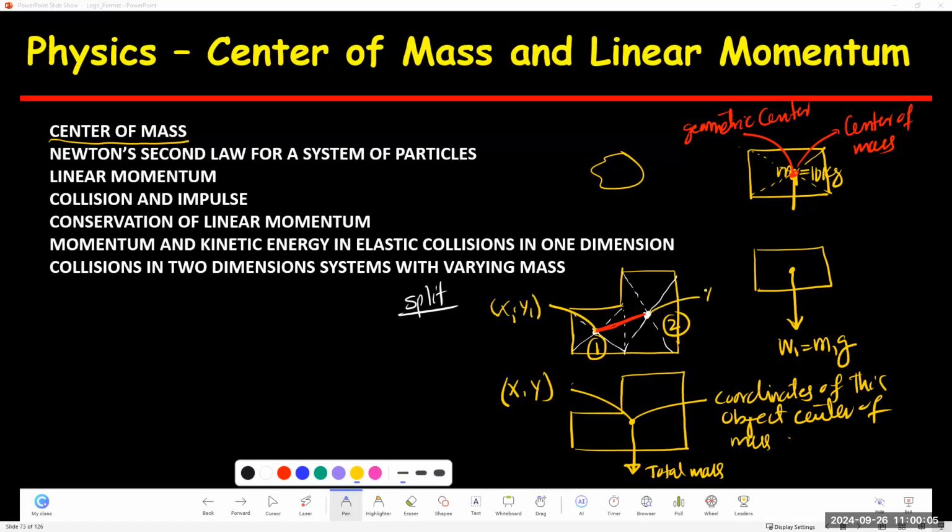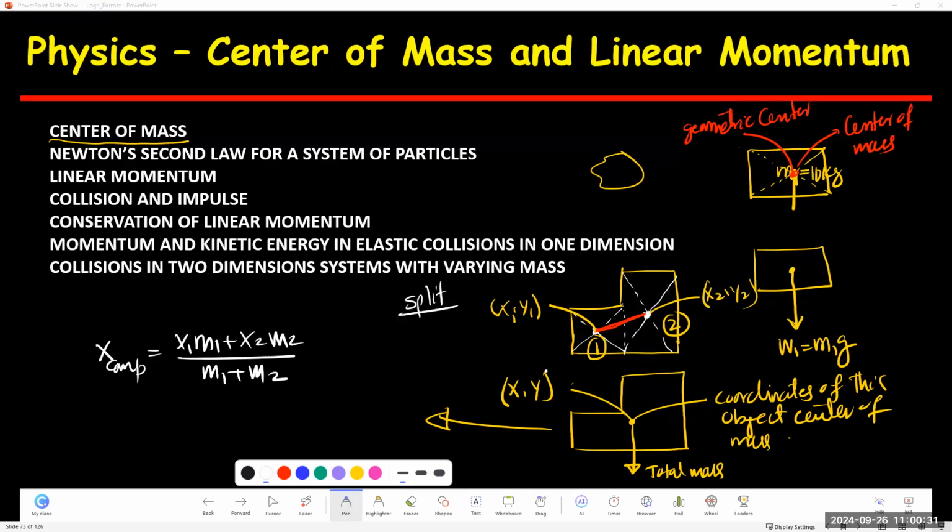This one has its own coordinates x2, y2. Now in this formula, how can I get this? I'm going to write it like this: the x component of my total mass equals (x1 m1 plus x2 m2) divided by (m1 plus m2).